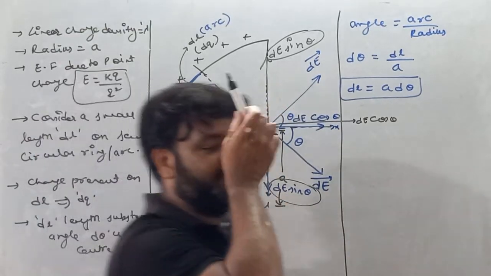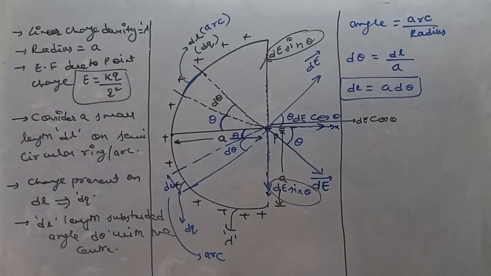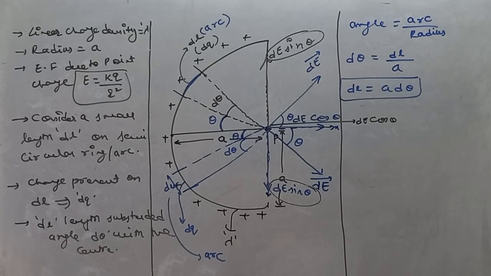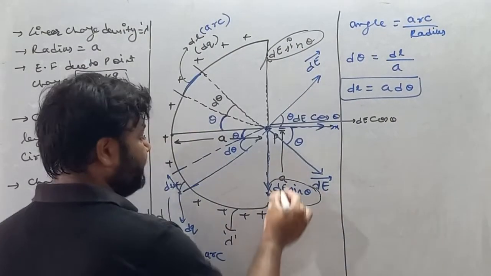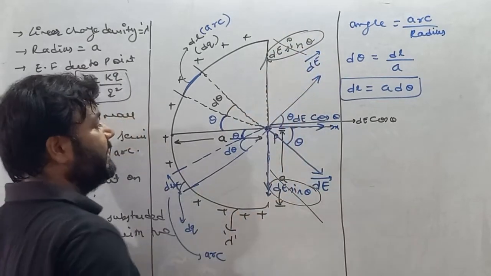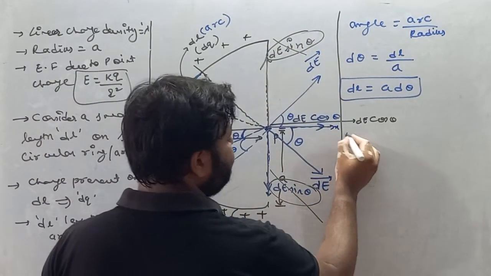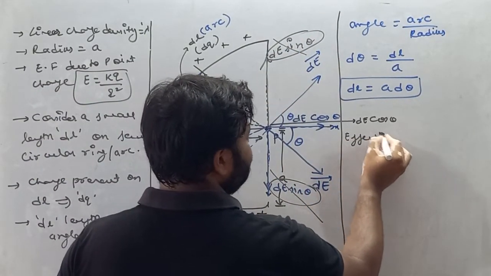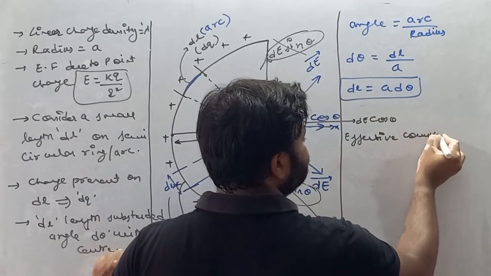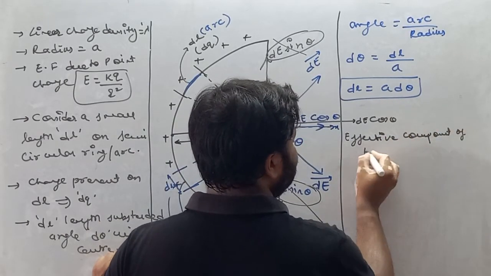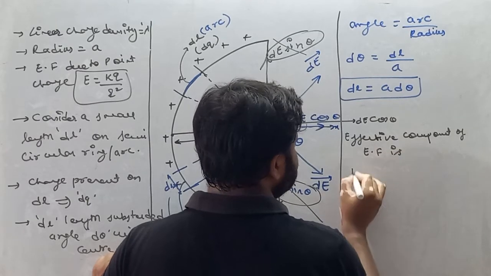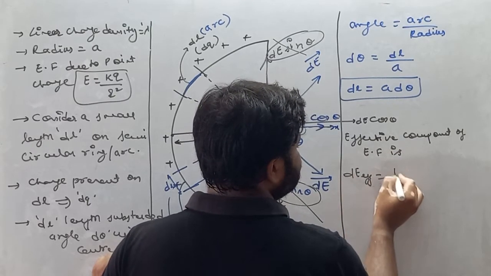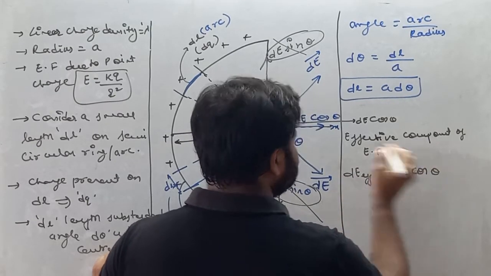So one dE sin theta is in the upward direction and one dE sin theta is in the downward direction. So they will cancel, because dE is the same for both components. So the effective component of electric field, I'll write here, dE effective is equal to dE cos theta.